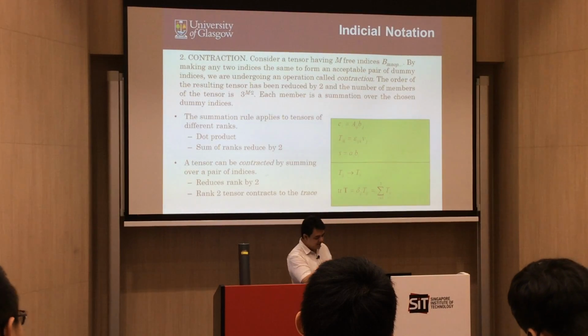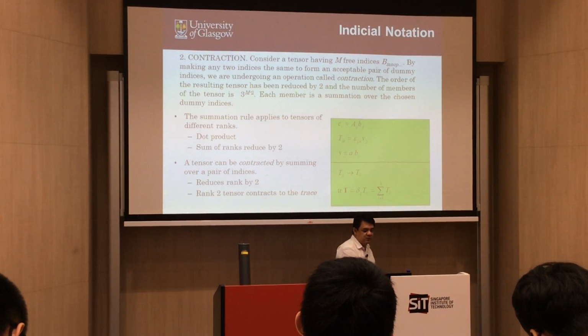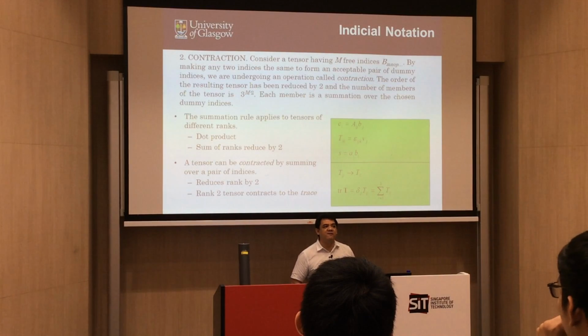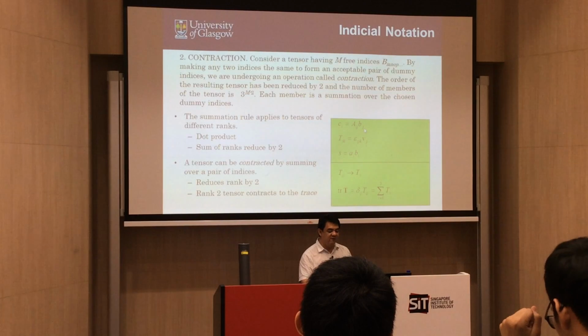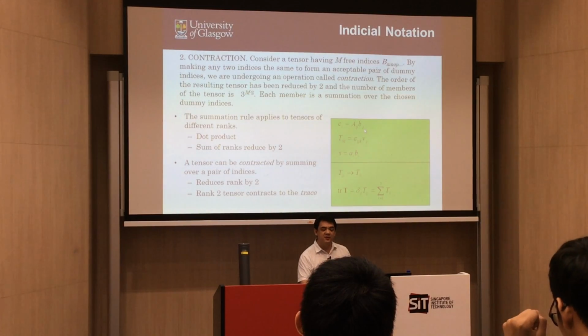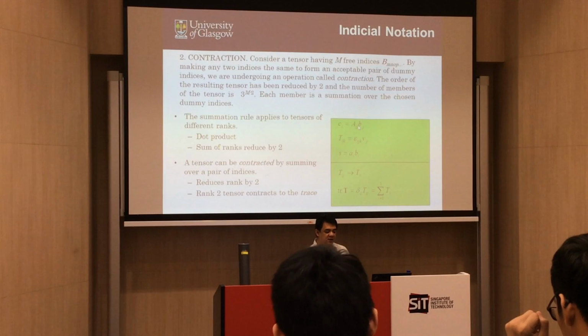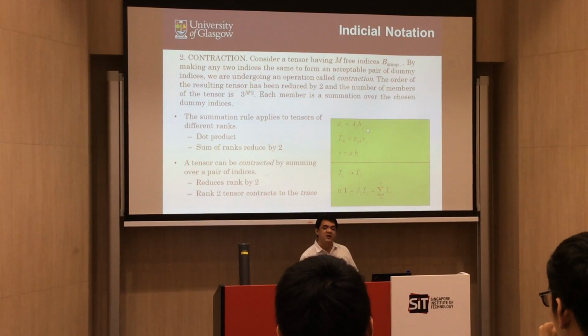Contraction, later on we will be going through some examples, but at the moment, if we have dummy indices, so for example this one here, we have repeated indices. If you have repeated indices, the rank will be reduced by 2. So for example, I'm going to multiply this one here, contraction. This one is a tensor, ij, and this one is another tensor here, a vector. As you can see, j here and j, they are repeated.